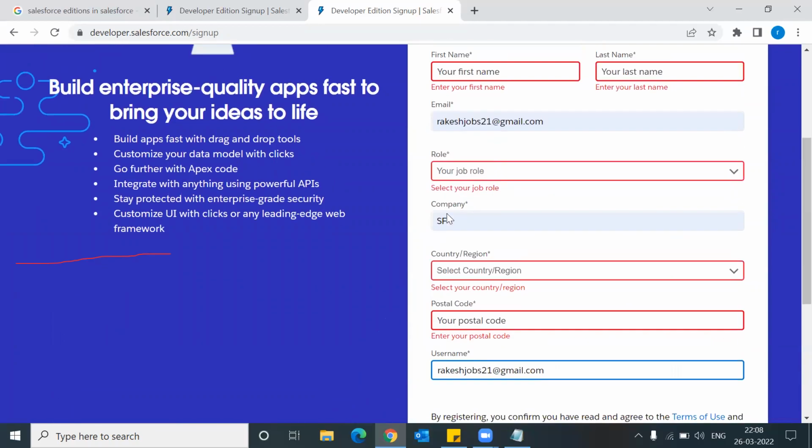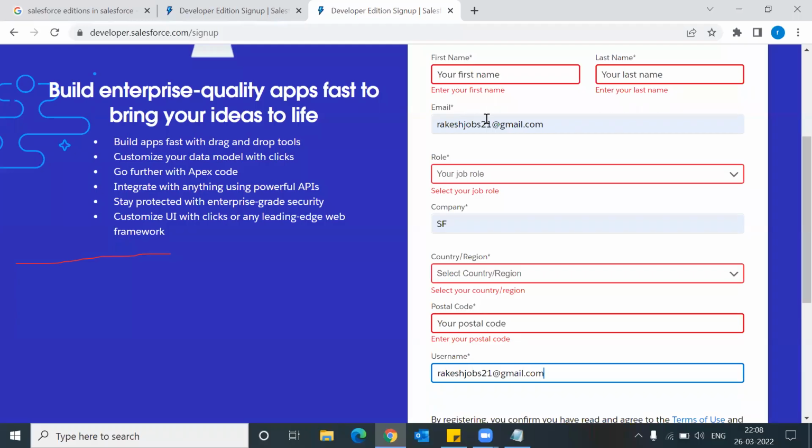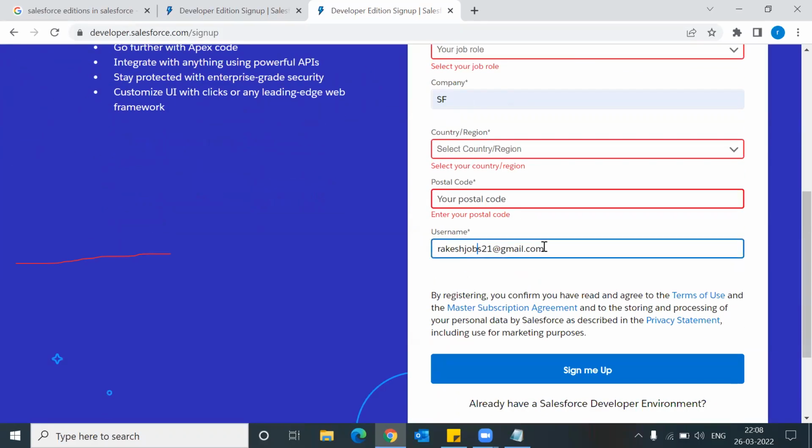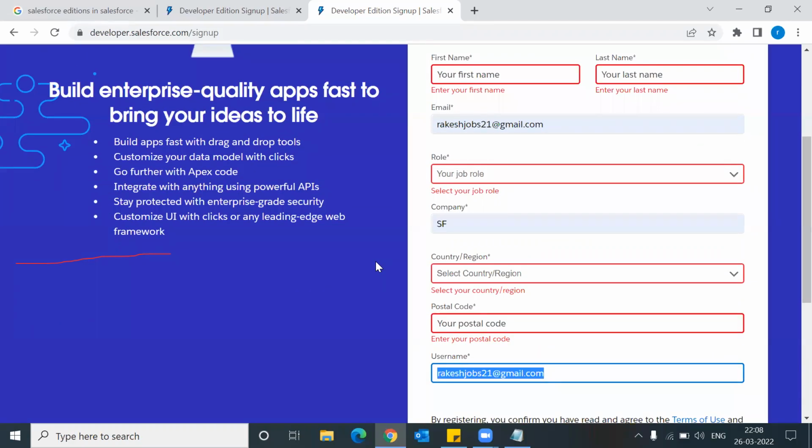But the email address can also be separate, and the user ID different. That is not as easy to learn, but it is your choice. So the certification question is, whenever you create a developer account, will the email address and the username be the same or not? It might be the same, it depends on you.